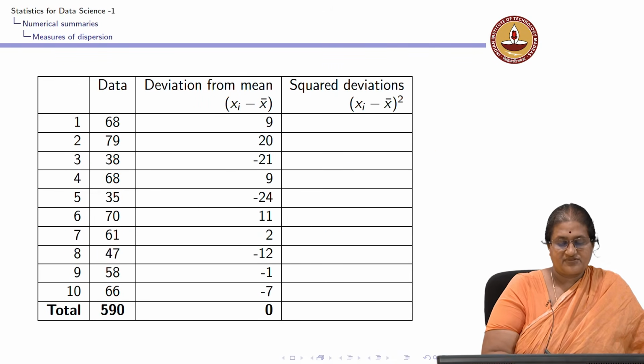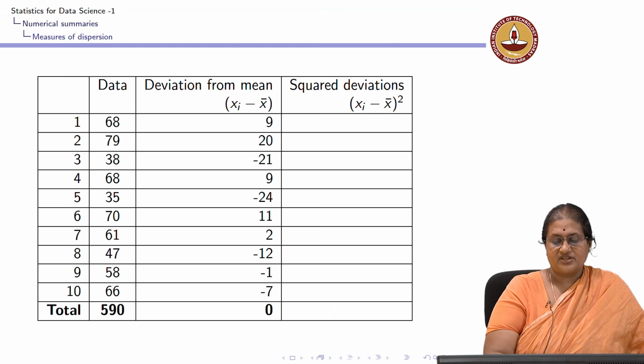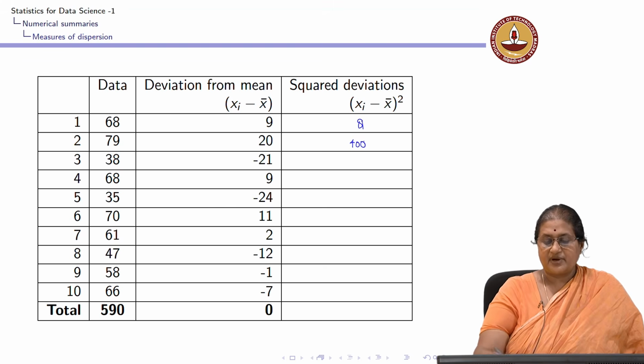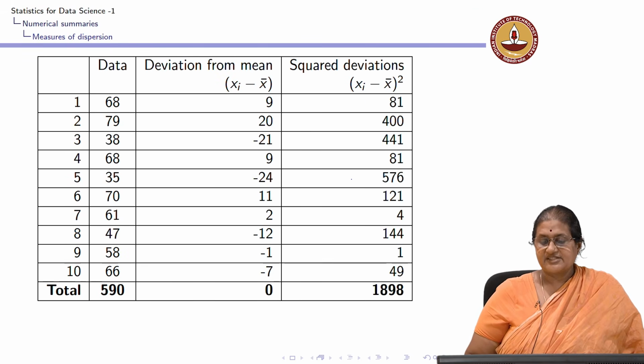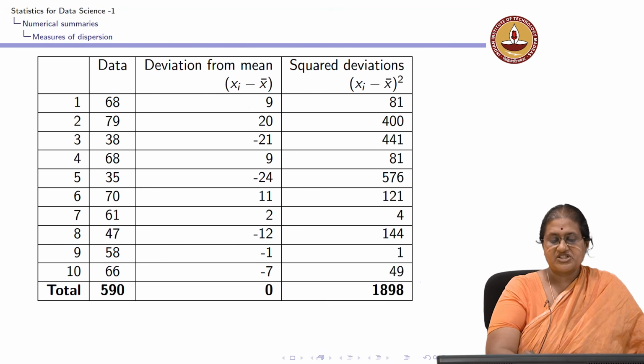You can see that the deviation is given here. 68 minus 59 is 9. 79 minus 59 is 20. 38 minus 59 is minus 21. And the square deviations here, I have 81, I have 400, and so forth. I keep writing this, and I can find the sum of the square deviations for the data set.